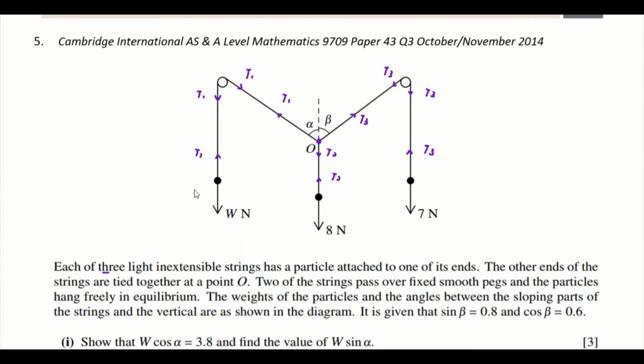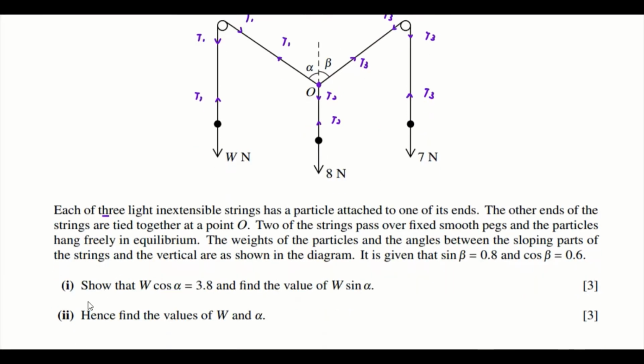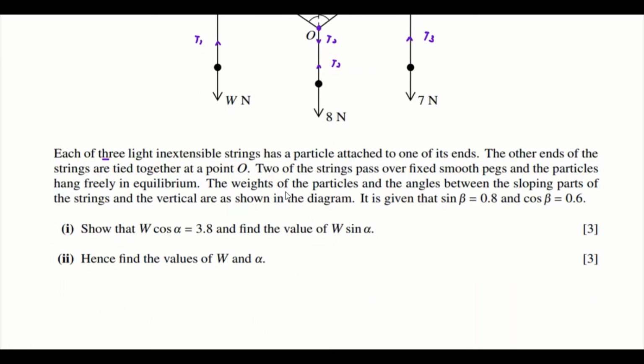Okay, so this is the first part, the second part, the third part, and lastly, we'll be looking at this part because this is the part where all the tensions meet together, and this is the part that involves your alpha and beta, which is what we want to solve in our part 1. Okay, so show that W cos alpha is equal to 3.8, then the question wants us to find W sin alpha. Okay, so let's try to solve whatever we can first by looking at these three situations.